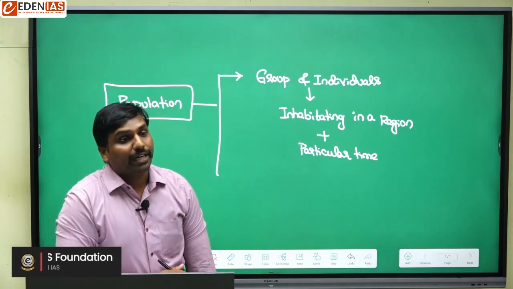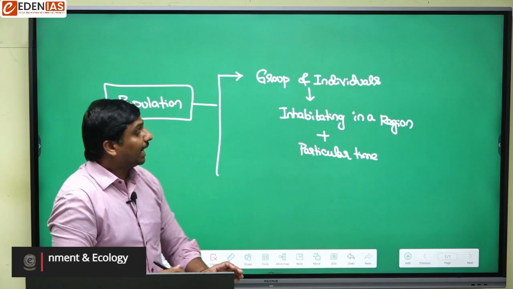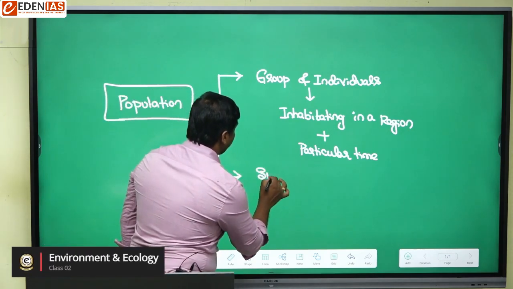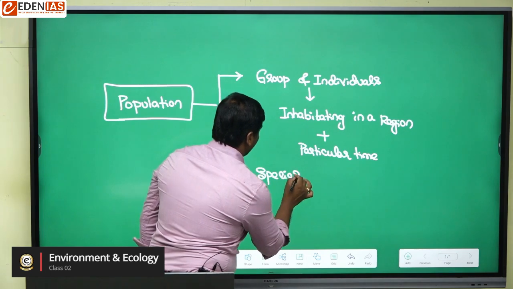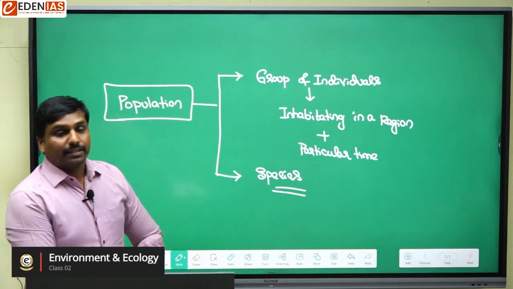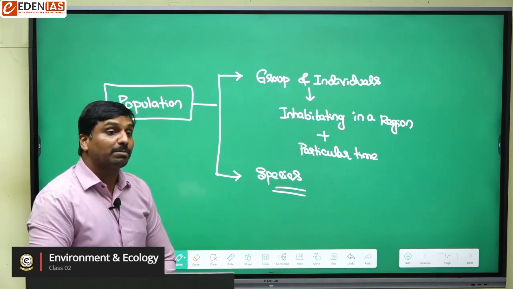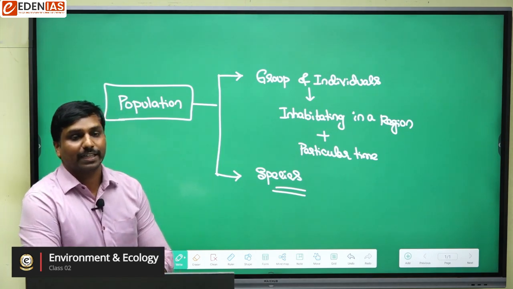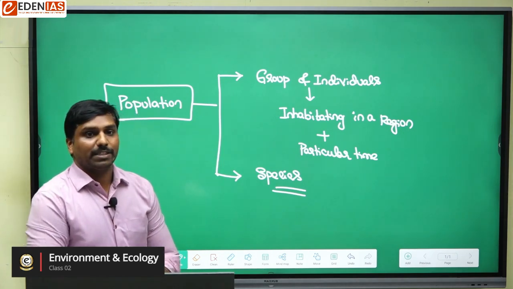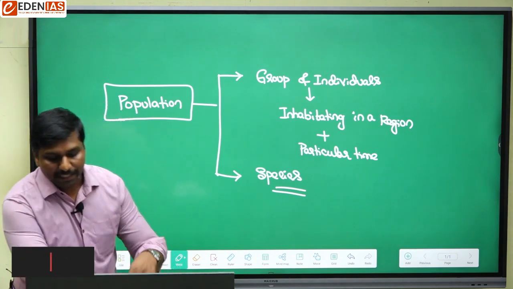Okay, so at this level we can have the concept of species. So what is species? The group of individuals belonging to the same species, that is another important aspect that we have to include. A group of individuals belonging to the same species constitutes the population. Here, what is species again?